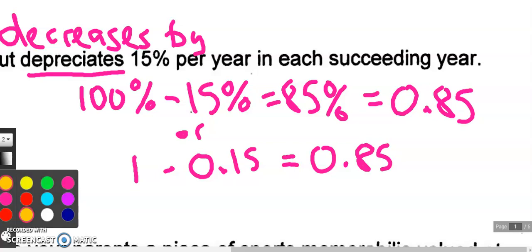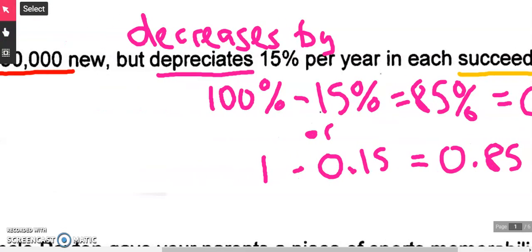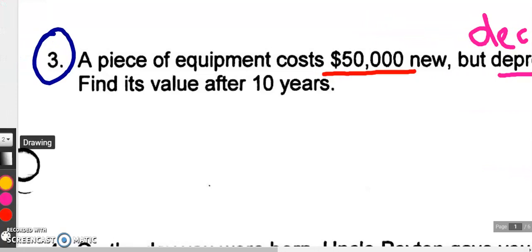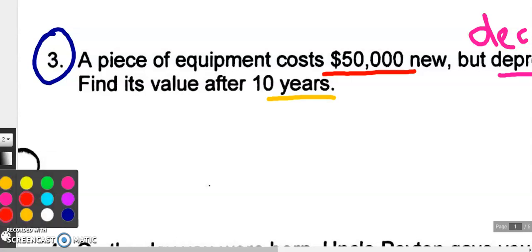All right, so I know that it depreciates every year, and I want to know the value after 10 years. So again, the units of time match, so I don't need to do any type of conversion.